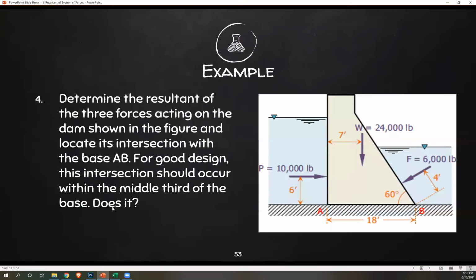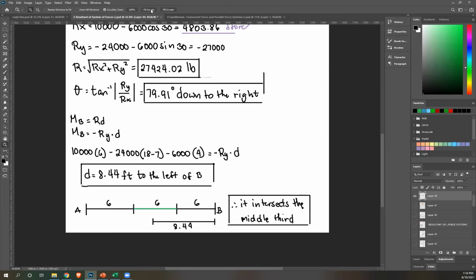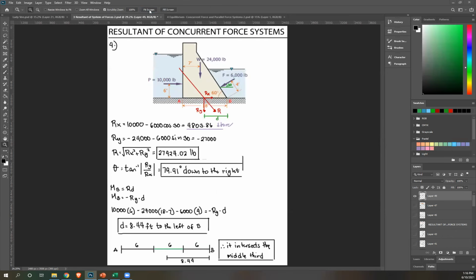The question is, does it intersect the middle third? It intersects the middle third. Or you can just answer yes. And that is the last number for resultant.